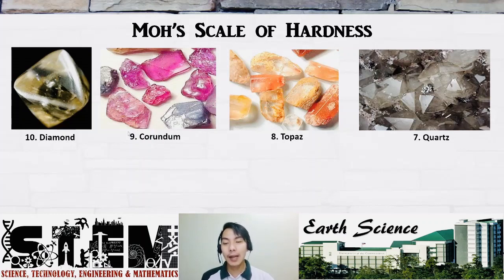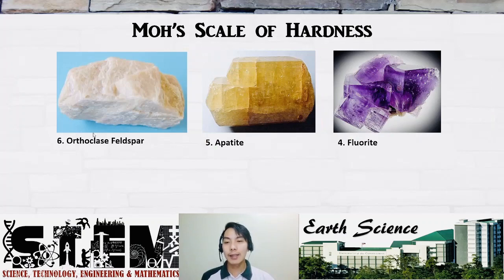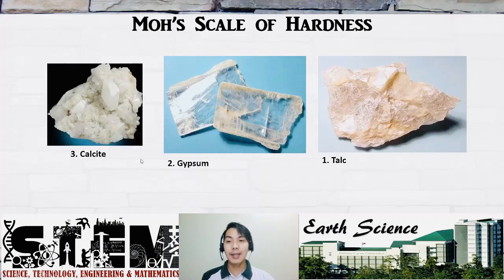Next, on a softer perspective, we have at number 9 an example, a corundum. At number 8, a topaz. Number 7, we have a quartz. And then orthoclase feldspar, apatite, fluorite, and then we have calcite, gypsum, and then talc.